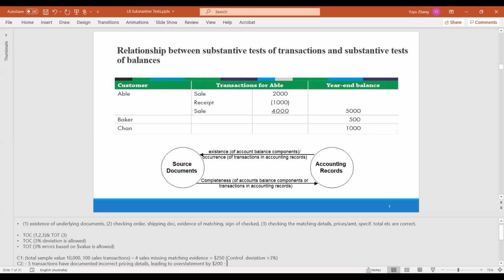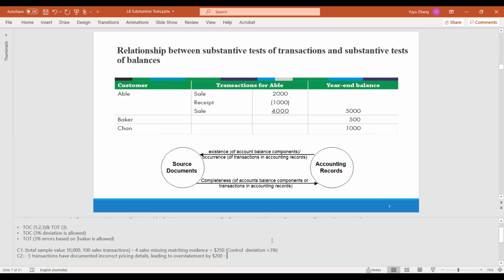So in that case, is it a control issue, or is it more about the concerns on the test transactions? Still a control issue, because the deviation is over 3%.